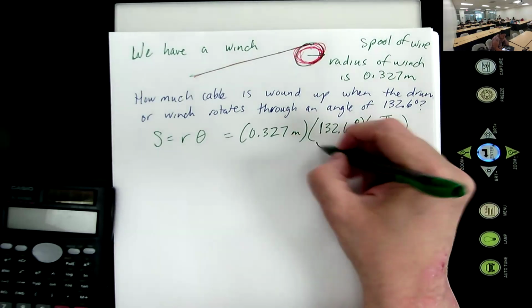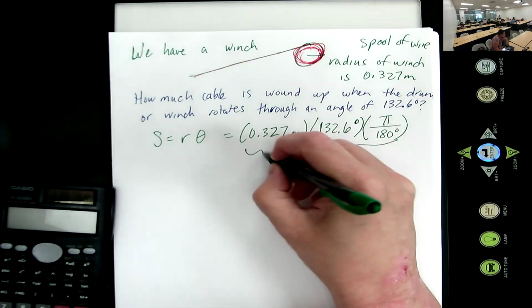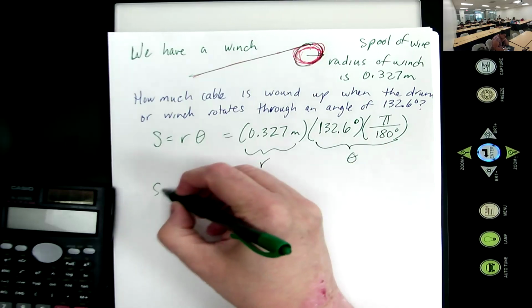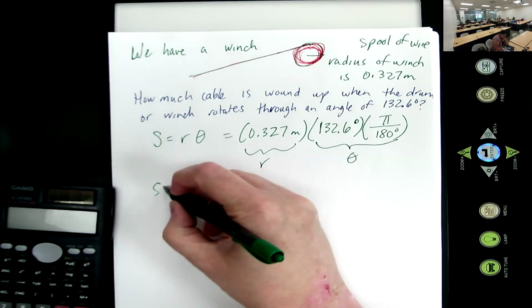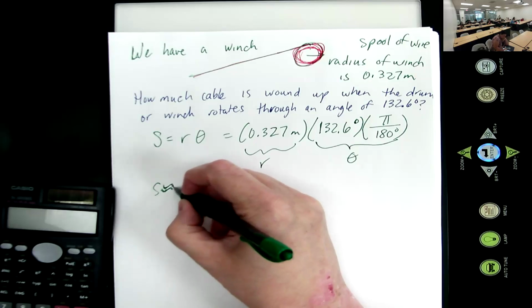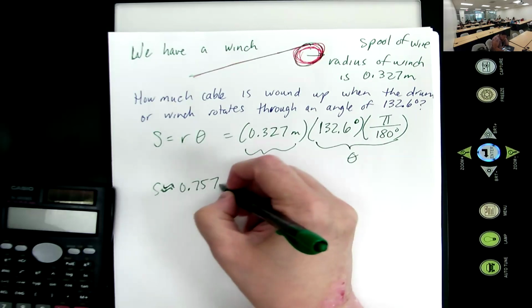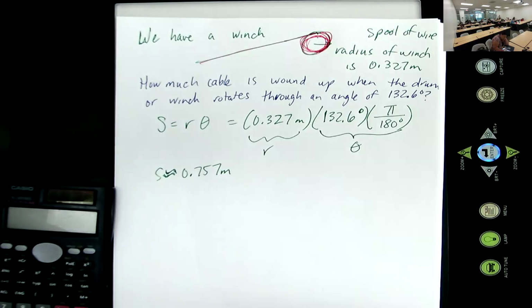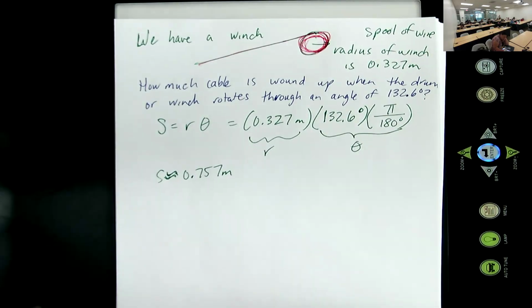So this is our theta, that's our R. You multiply that out, you're gonna get approximately 0.757 meters. You should do that on your calculator, make sure you get that.